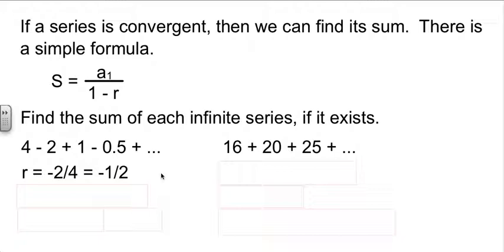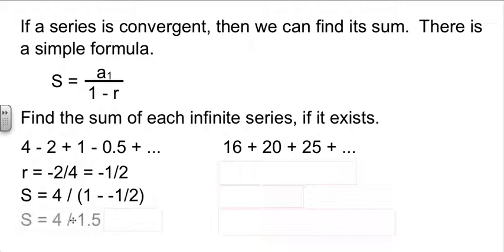That's in the zone, so we can do the sum formula. a1, the first term, is 4, divided by 1 minus the r that we just figured out. Well, 1 minus -1/2 is 1.5. 4 divided by 1.5 gives me an answer of 2 2/3. And we were only able to do this because r was in the zone.